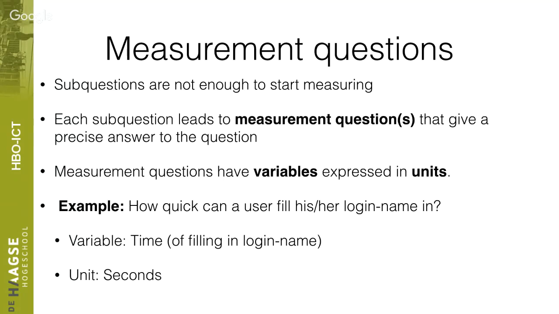Maybe it takes you hours. So, for example, how quick can a user fill his or her login name into maybe the Blackboard page, and then the variable is time of filling in your login name, and the unit is seconds.